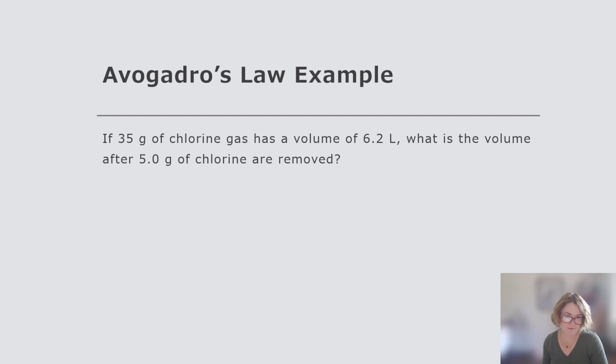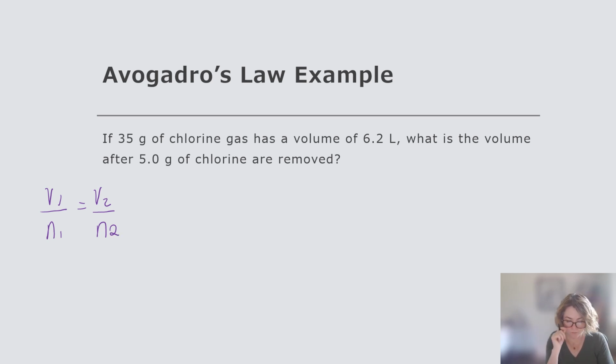I have 35 grams of chlorine gas, and that has a volume of 6.2 liters. And I want to know, what is the volume after 5 grams of chlorine is removed? All right, so I know I'm dealing with Avogadro's law, so let's go ahead and write out that equation. V1 over N1 is equal to V2 over N2.